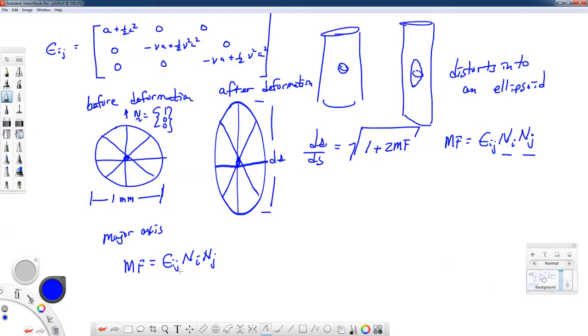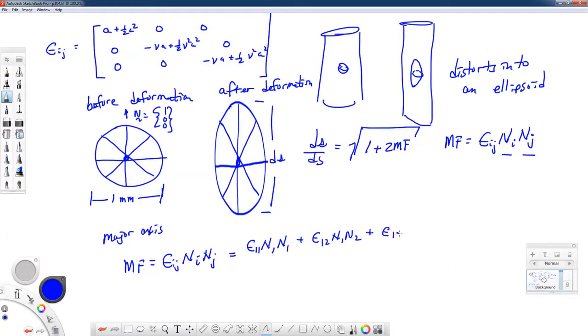Alright, so let's see. We did the matrix form previously. If we multiply this term out this time, we would have 9 terms in this expression. We'd have epsilon 1,1, n1, n1. We'd have an epsilon 1,2, n1, n2. Let's go ahead and do the double summation.